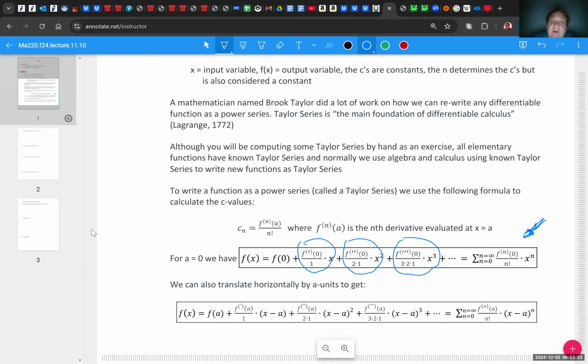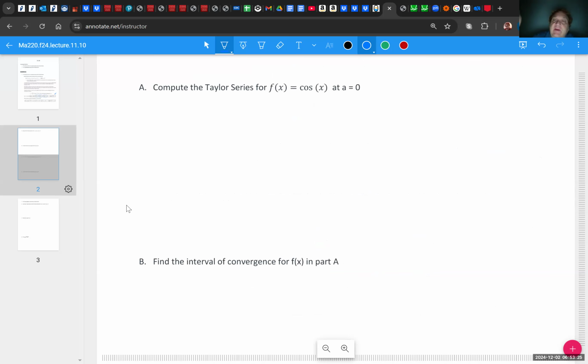Okay, so I'm going to recreate this a little bit over here. We have a function. It's written in terms of constants: a constant term, and then the linear term, a c1 times x, and then a c2 times x squared. But these constants aren't just random.